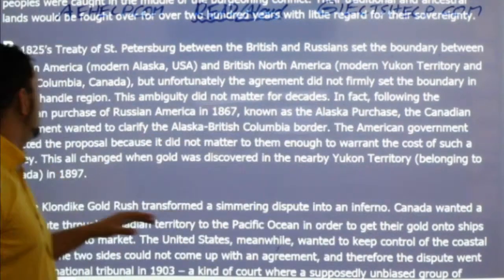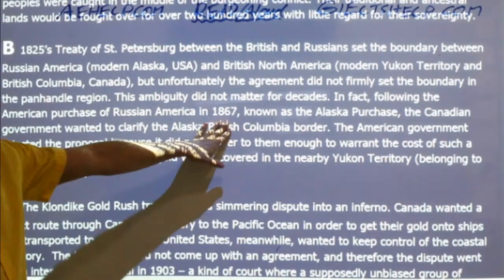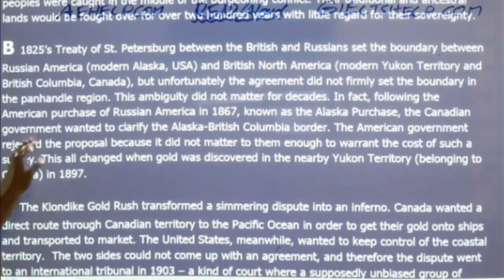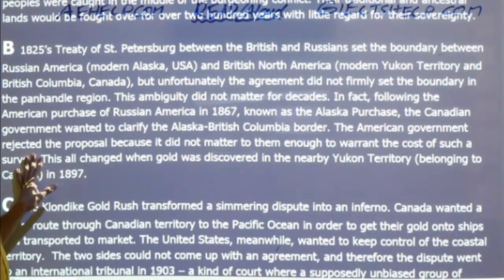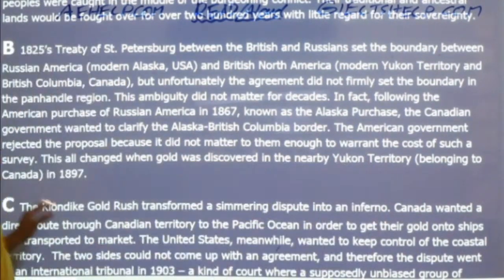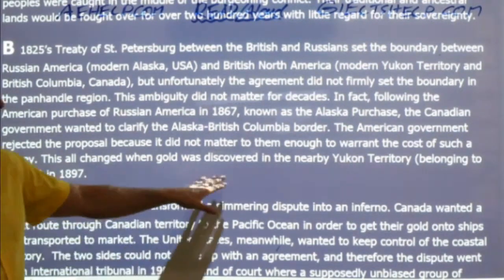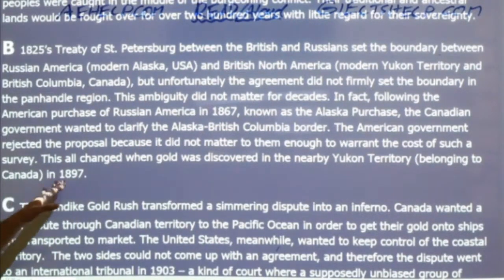In fact, following the American purchase of Russian America in 1867, known as the Alaska Purchase, the Canadian government wanted to clarify the Alaska-British Columbia border. The American government rejected the proposal because it did not matter to them enough to warrant the cost of such a survey. This all changed when gold was discovered in the nearby Yukon Territory belonging to Canada in 1897.